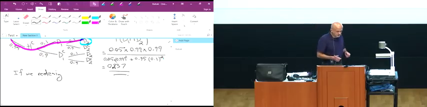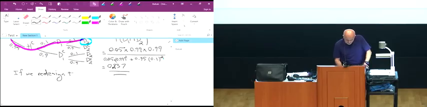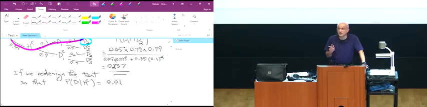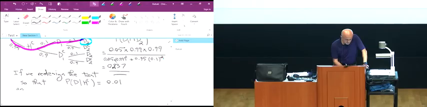So if we redesign the test so that the probability of a false alarm is 0.01. I'm not going to go through all the numbers again, but if we redesign it so that it actually is 0.01, and I run the test twice, notice when we ran it once, we got this answer.